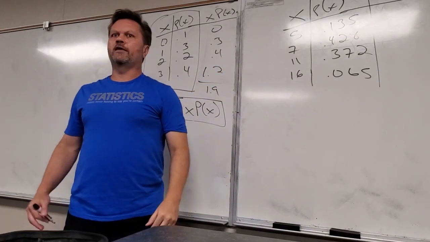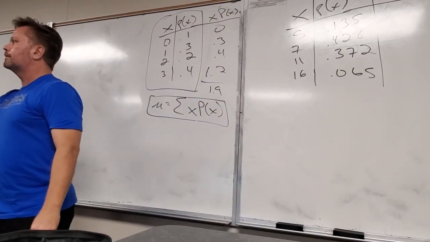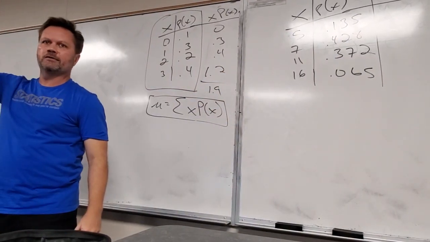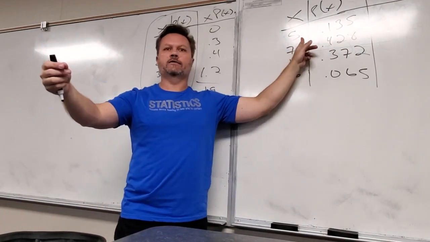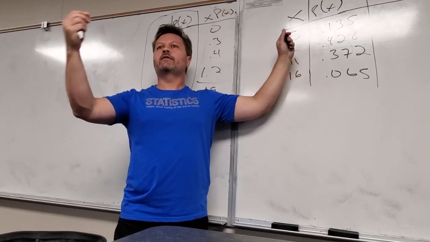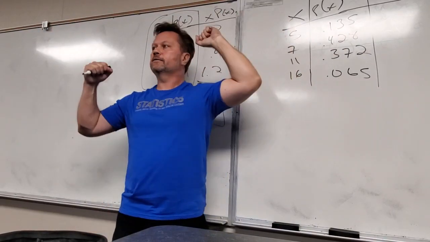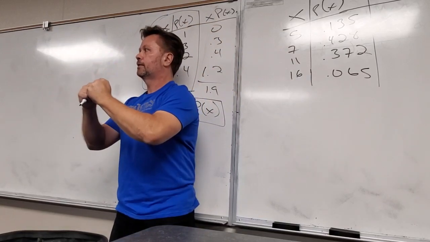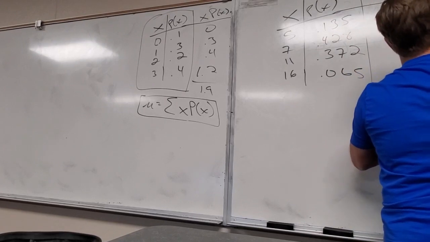Are you with me? If I give you a list and it's 5, 7, 11, 16, how do you get the average? You add them up. Is there just one 5? No. 13.5% of my data is 5s. So if I have 1,000 data points, 135 of them are 5s. Does that make sense?